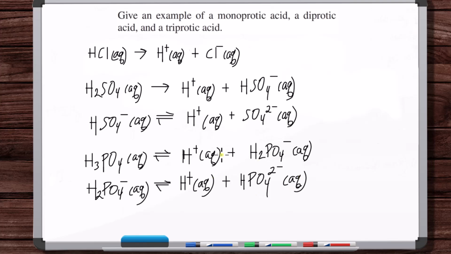Okay, but now even in this environment, so we already have an acidic environment with H plus ions, it's still chemically favorable for this to go ahead and break up to some extent. So this is going to act as an acid as well, a weak acid.